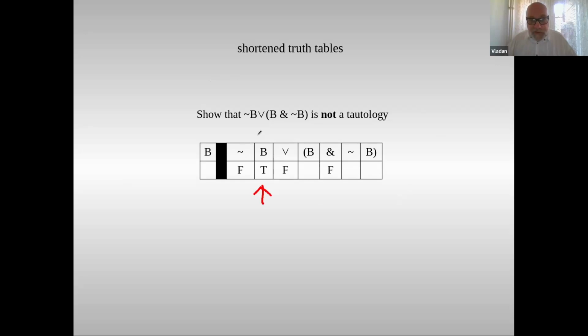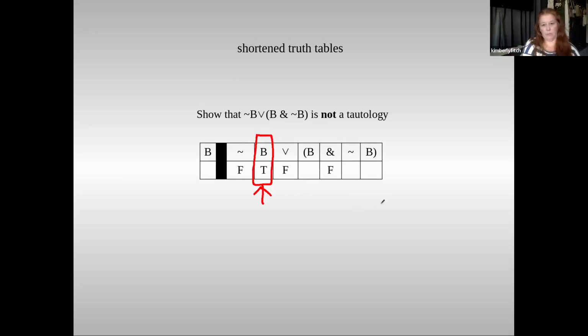So here I finally got the truth value of an atomic letter. And instead of doing the fork for the right formula, I can use this, rewrite T wherever B occurs, and see whether this is consistent.